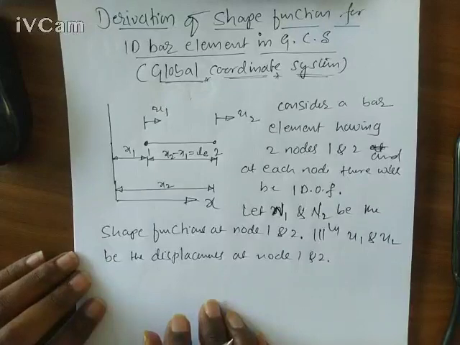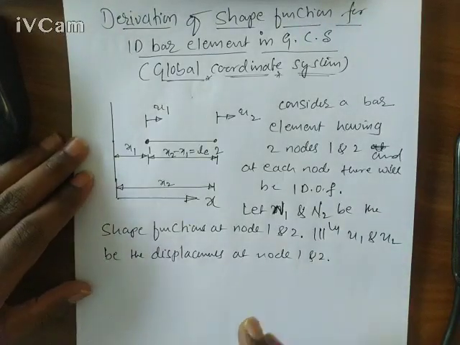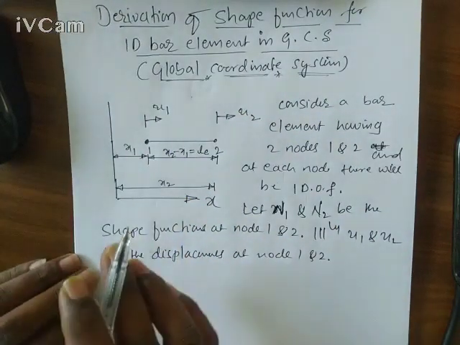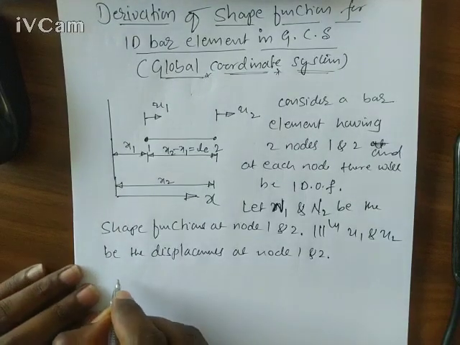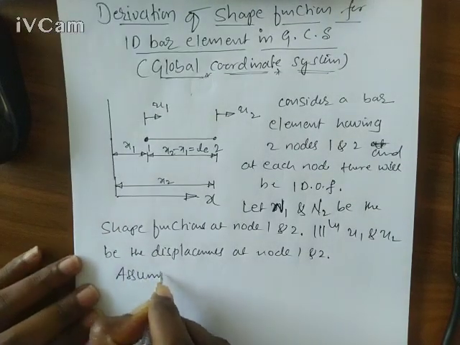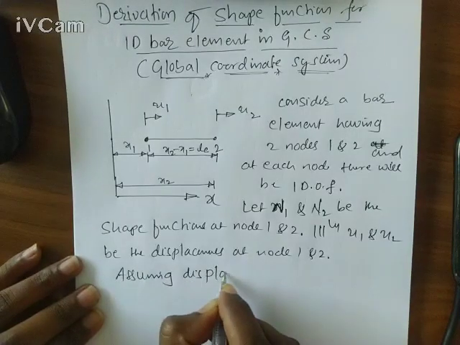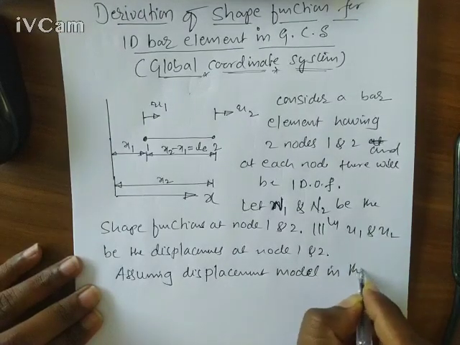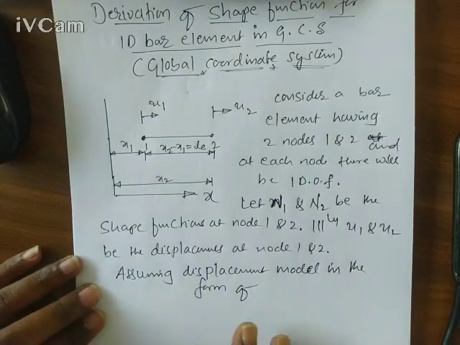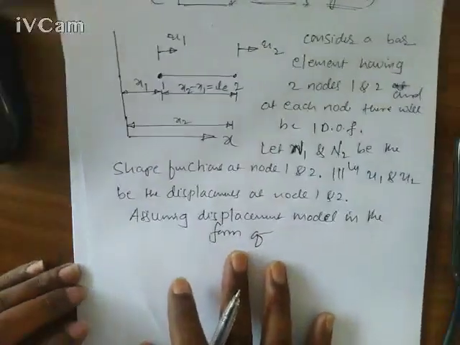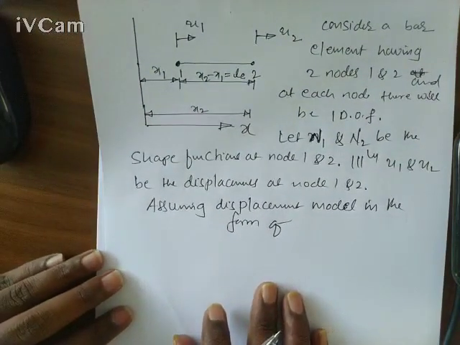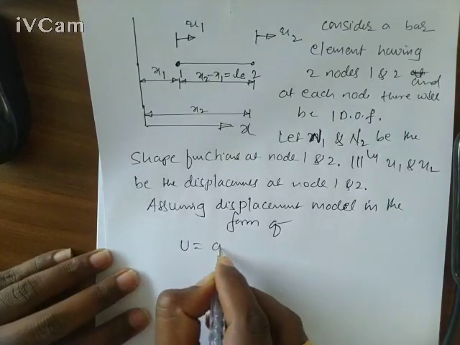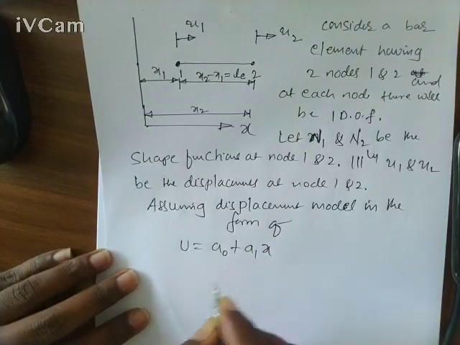Okay, so in order to derive the shape function for the 1D bar element, I will now assume a suitable displacement model in the form of u is equal to a0 plus a1 x.